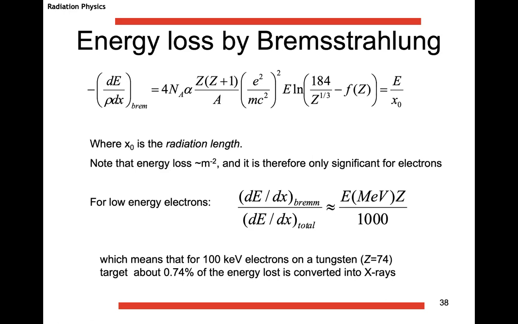FLASH means that you give a very high dose in a very short time. We will see that this is a big hype now in radiotherapy because it's convenient and because it seems to have great advantages for the patients. You seem to spare the normal tissue without compromising the killing of the tumor.